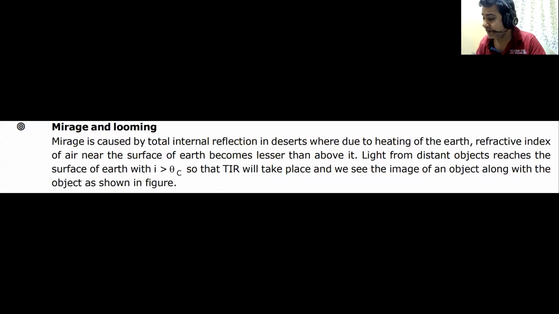Next application, mirage and looming. You must have seen a mirage. Mirage is formed by total internal reflection in deserts, because hotter air which is near the earth's surface has a different refractive index. It is less than the air above it.